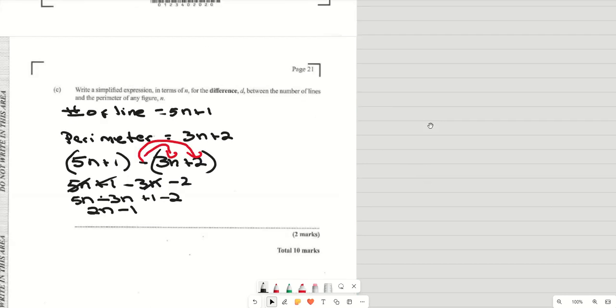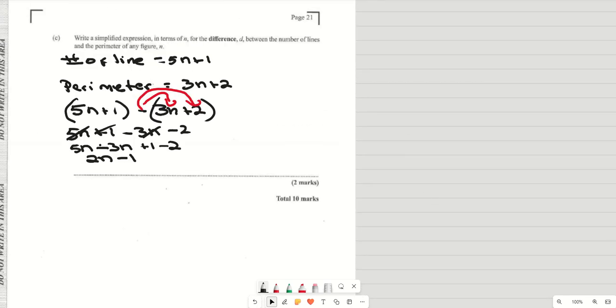So 5N minus 3N, plus 1 minus 2. It's going to be 2N minus 1. And that would be the simplified expression in terms of N for the difference between the number of lines and the perimeter of any figure. That is how you would do this question. That is the end of May-June 2021, number 7.